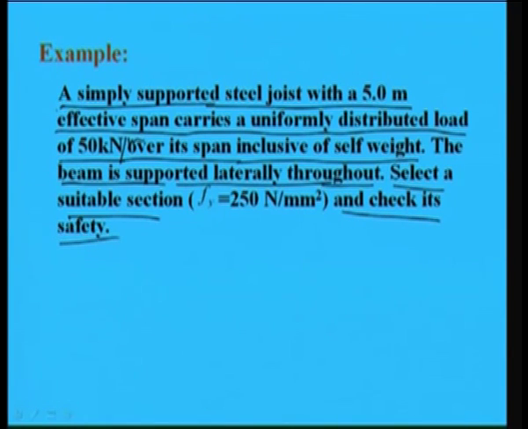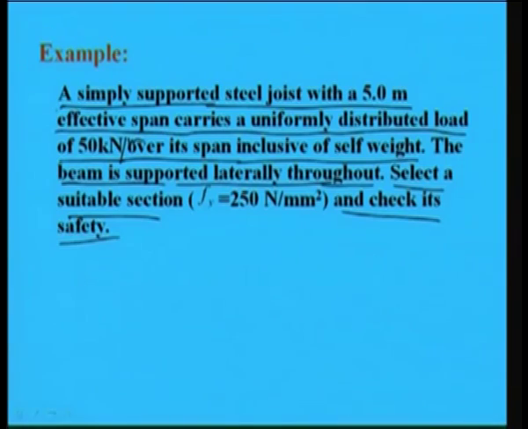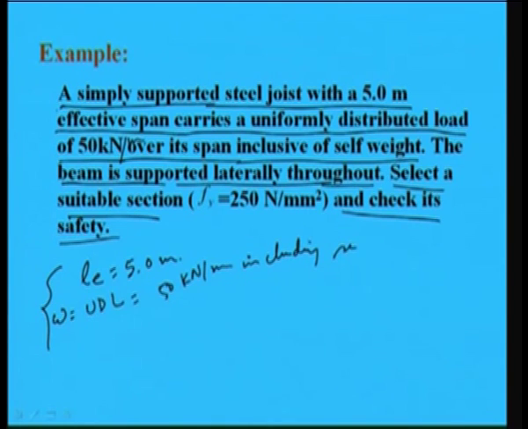That means, we will try to design a beam which has a span length of 5 meter, that means the effective length is 5 meter, right, and a uniformly distributed load UDL, that I can write as W, which will be 50 kilonewton per meter. Okay. These are the two things given, which include self weight.